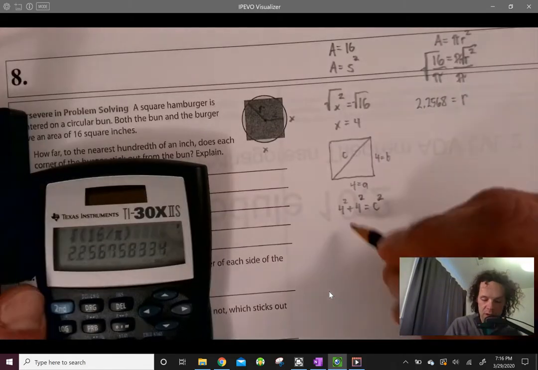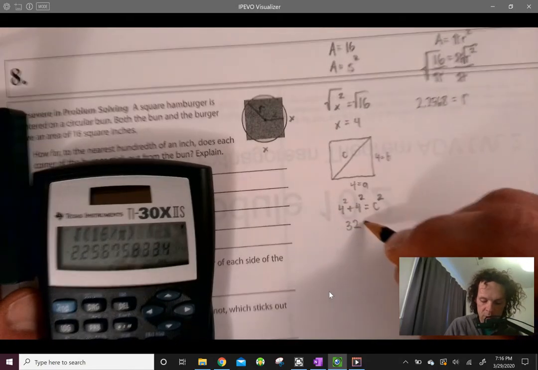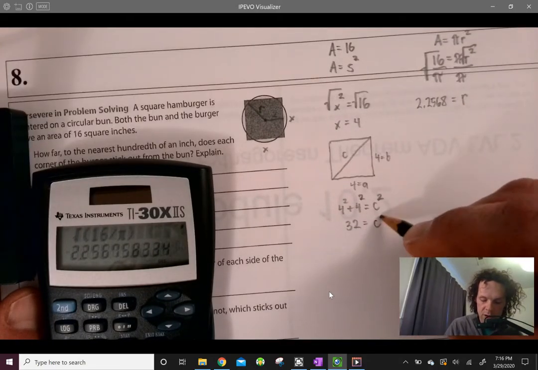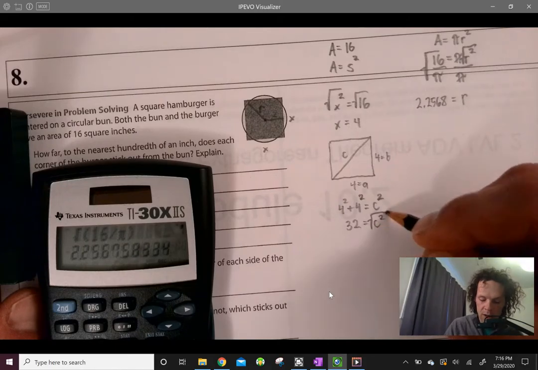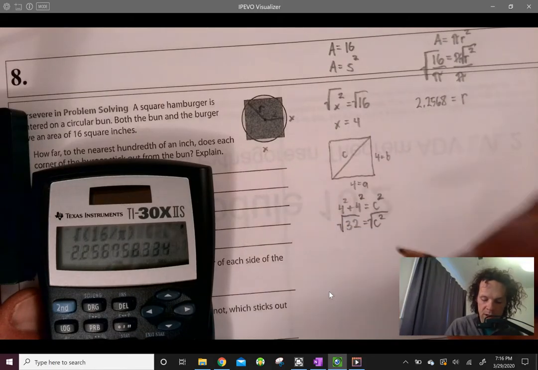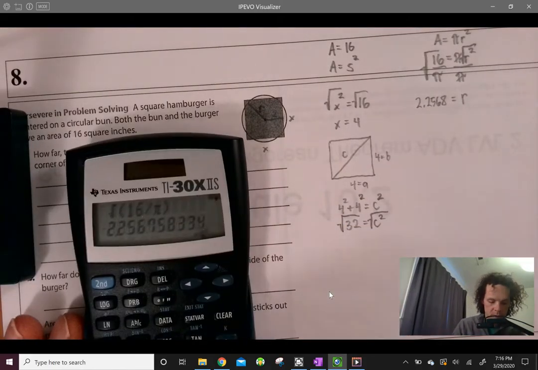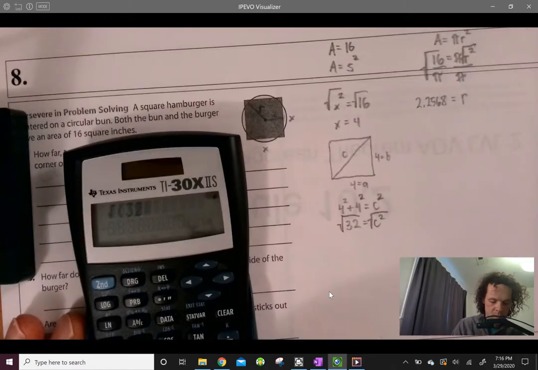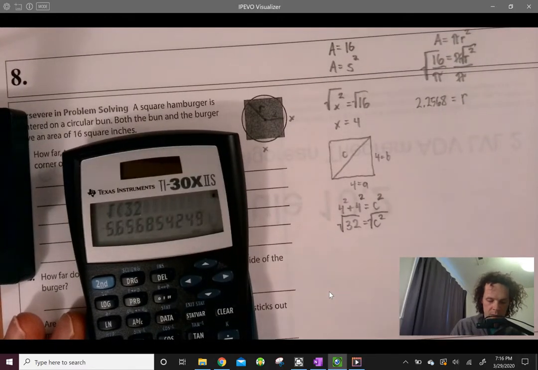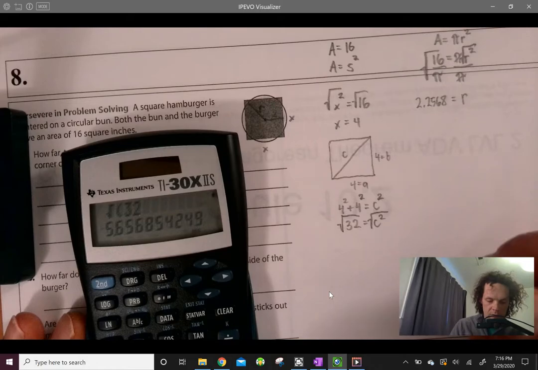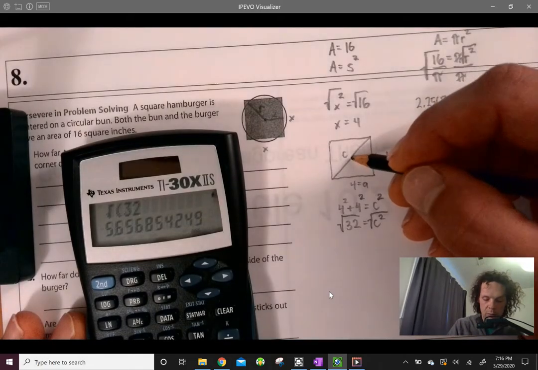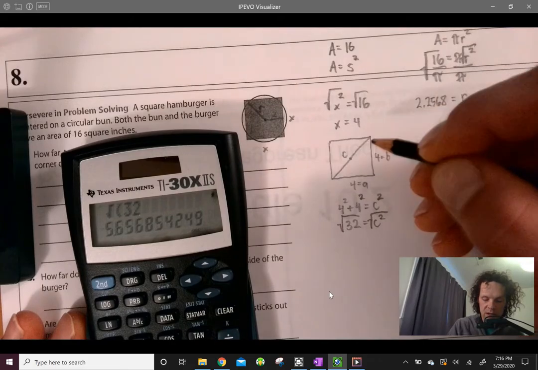So 32 equals C squared. If I take the square root of both sides, I get 5.65685.